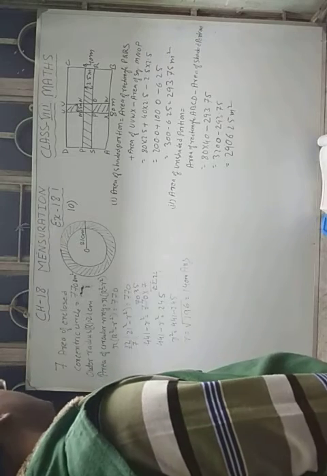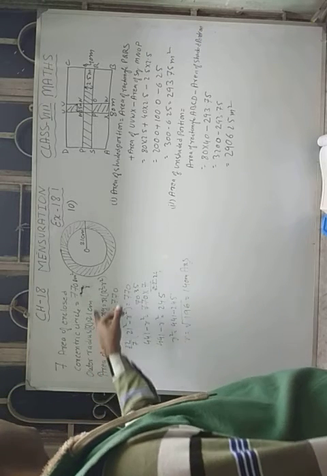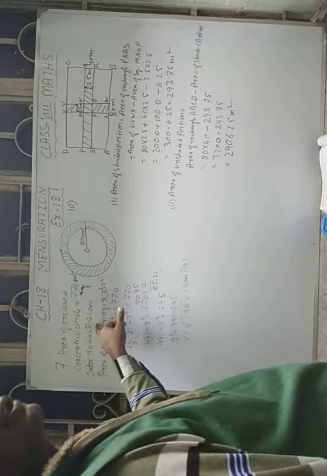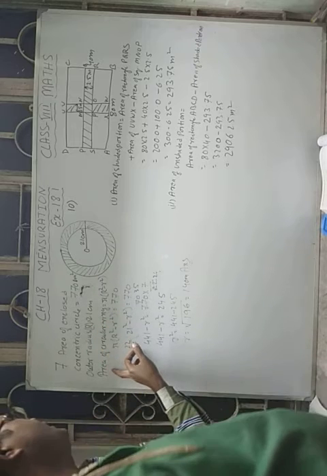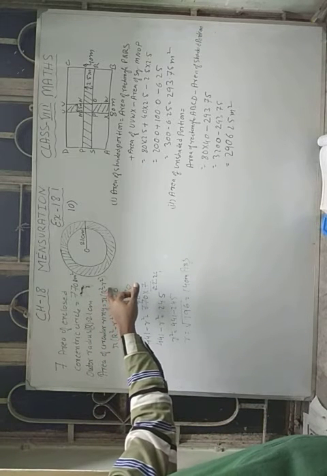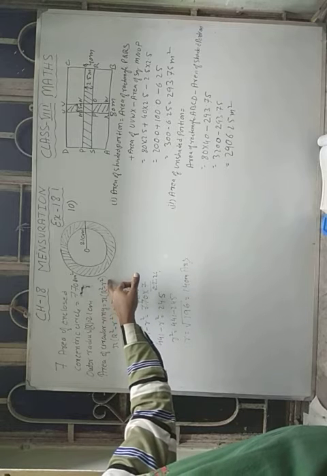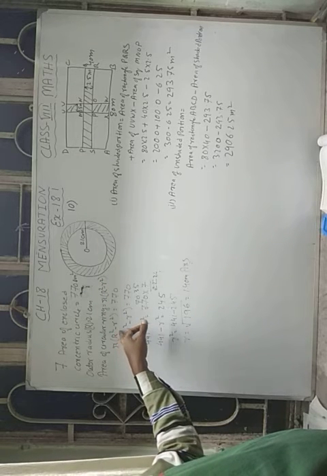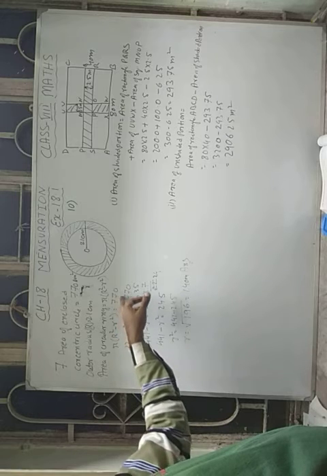Here I have written all the information. The enclosed area, then the outer radius, I have taken as capital R. Now the area of the circular ring is equal to, the formula is pi into capital R square minus small r square, that is outer radius square minus inner radius square. So pi into (R square minus r square) is equal to 770.